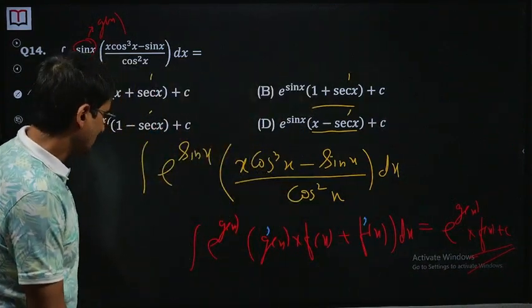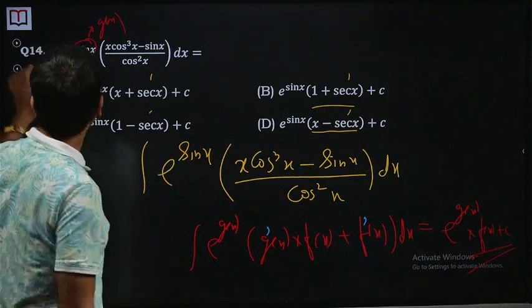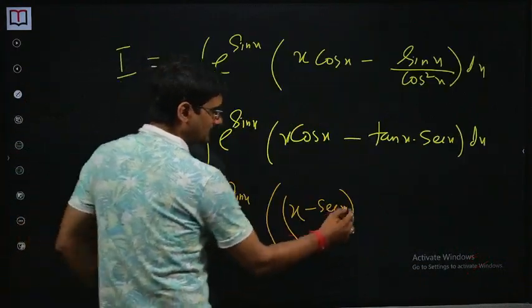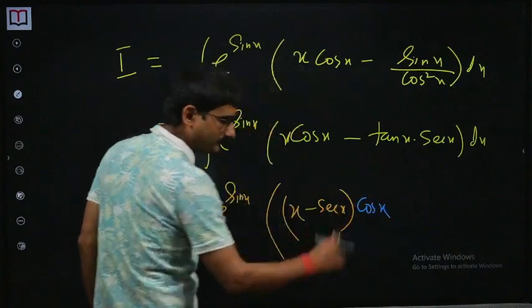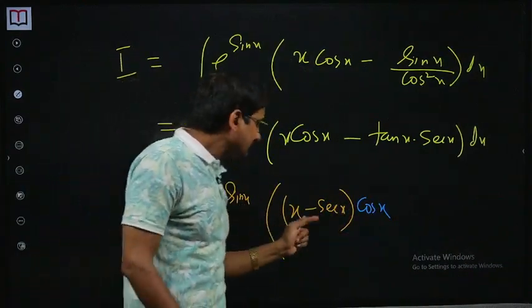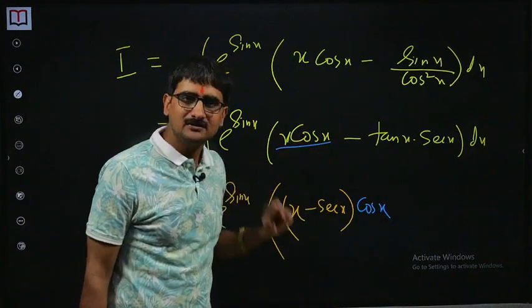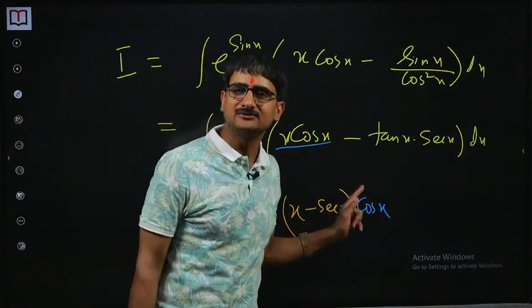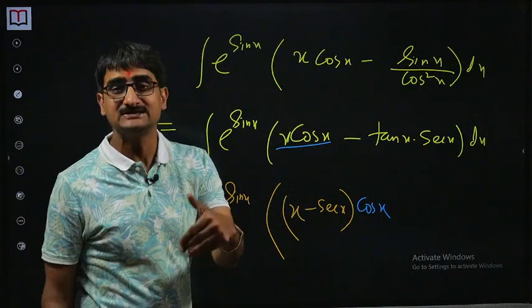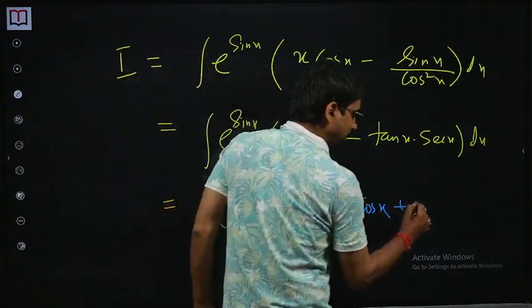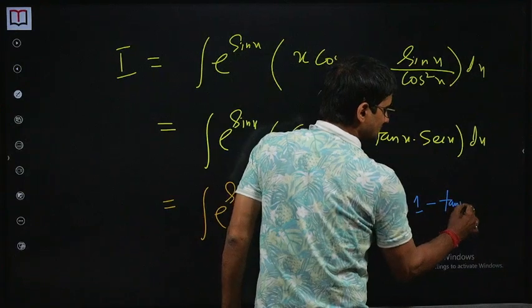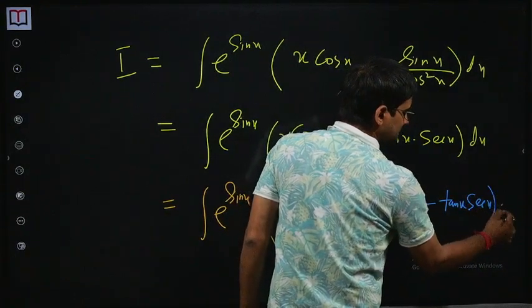Fine. So g dash x is cos x. So that's what I did. So for cos x, now see what happened. x cos x was already there. Minus sec x into cos x is 1. So I subtracted 1, I will add 1. And now you have it.